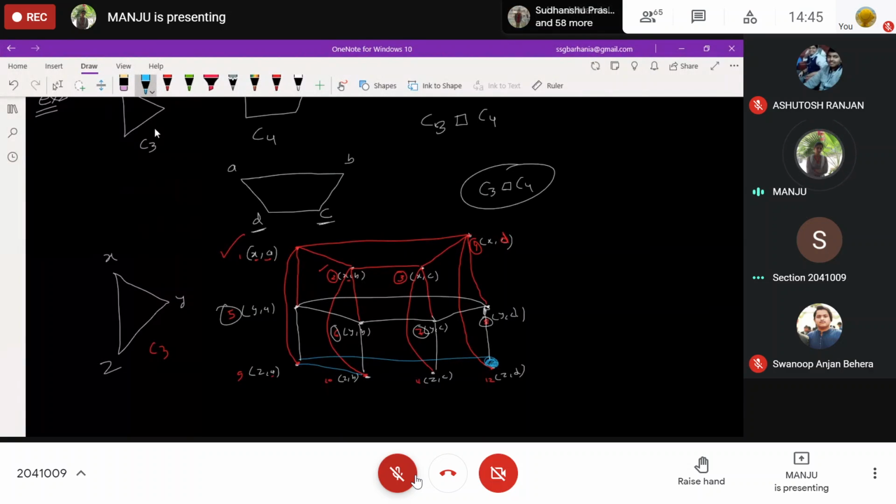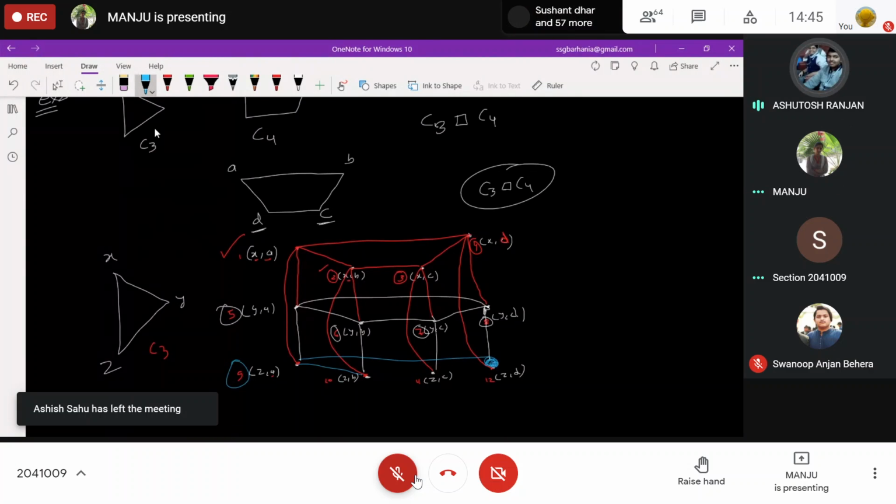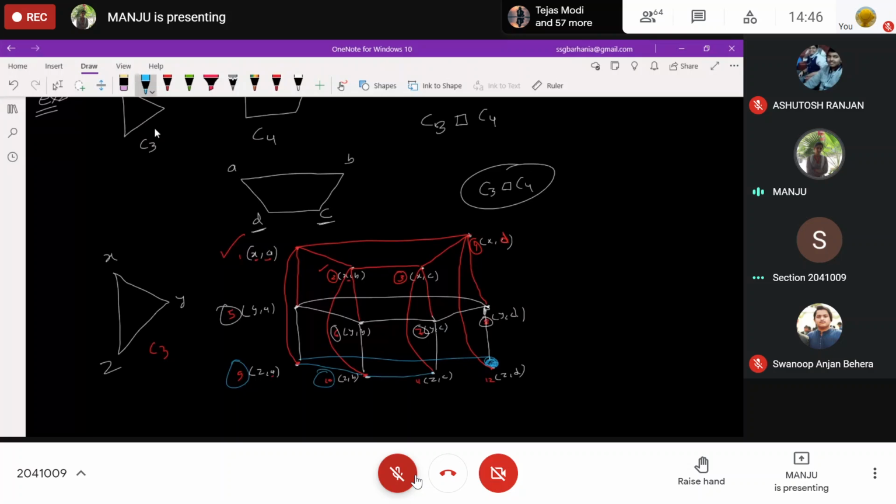So 9 is done. Now 10. 10 is adjacent to 11, yes, sir. To 12, no. So 10 is done. Now is 11 adjacent to 12 or not? Yes, sir. 11 is done, also 12 is done.